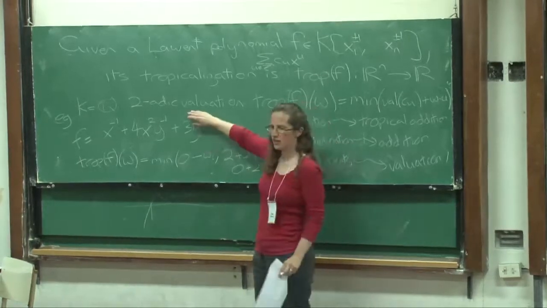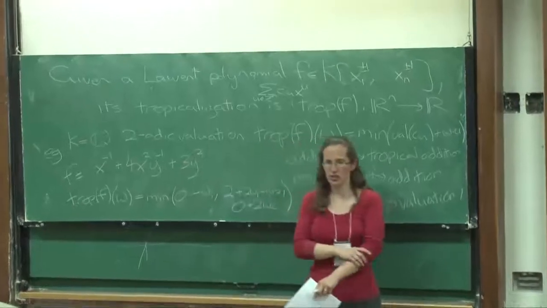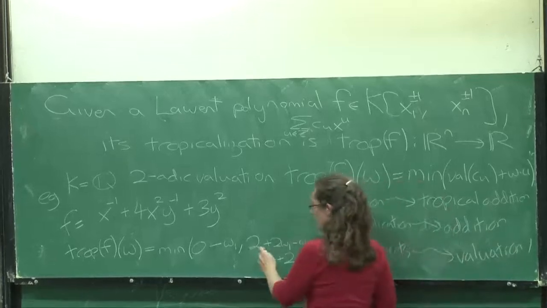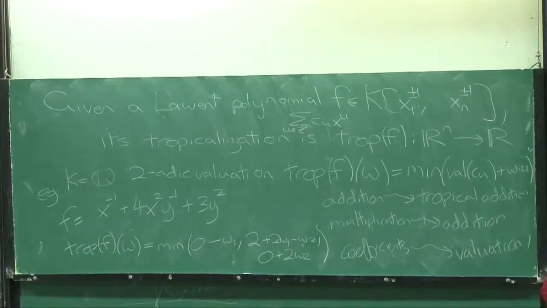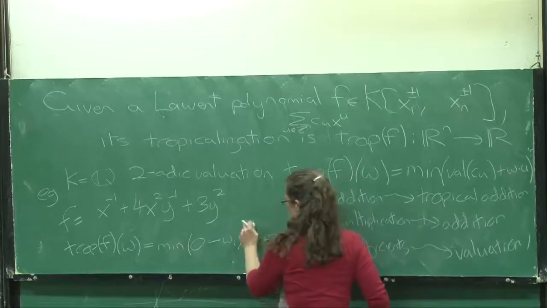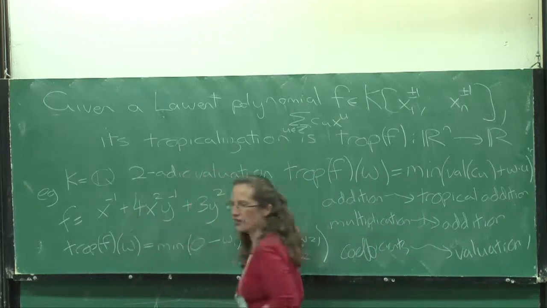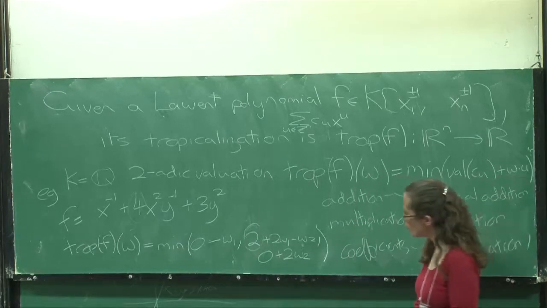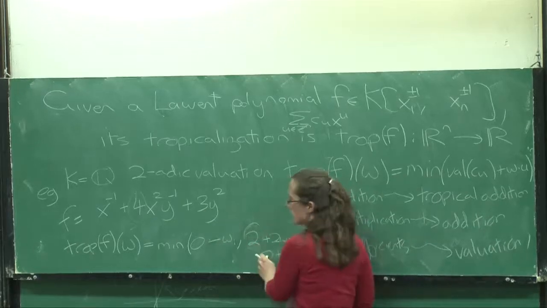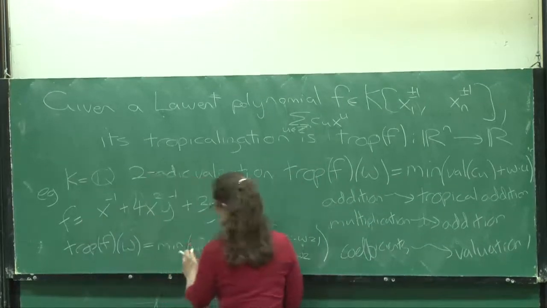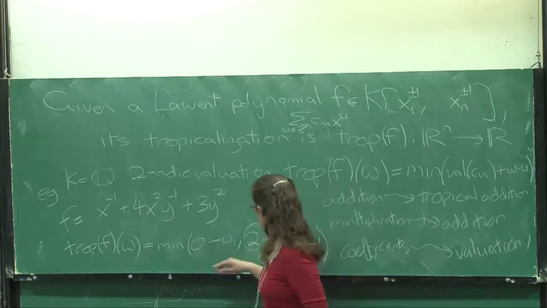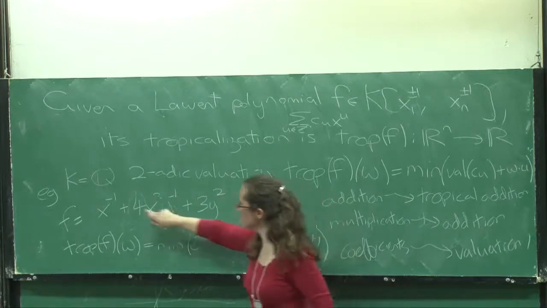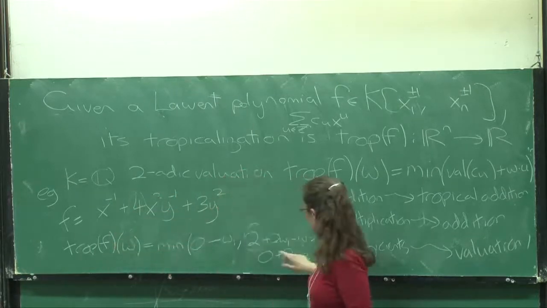So this is taking multiplication to addition, addition to minimum, and taking the valuation of the coefficients. This 2 comes from this 4. The 2-adic valuation of 4 is 2. The valuation of all the other coefficients is 0, so this 3 turns into a 0. The 1 that I didn't even bother writing turned into a 0. This 2 and minus 1 are that 2 and that minus 1. This minus sign is that minus sign, and this 2 is this 2.